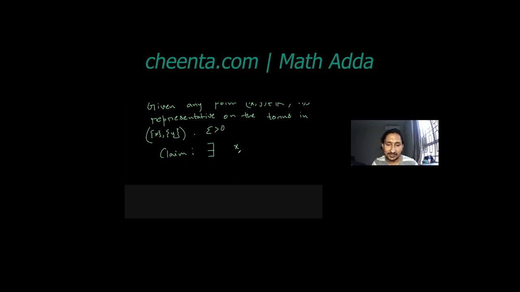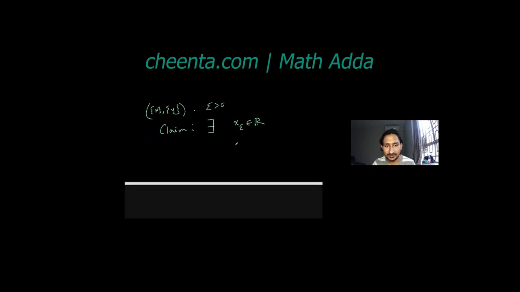So the claim is there exists some x_epsilon, real, such that the distance between the point (x, y), I mean the fractional parts, and the fractional part of x_epsilon, comma, the fractional part of alpha x_epsilon, is smaller than epsilon.